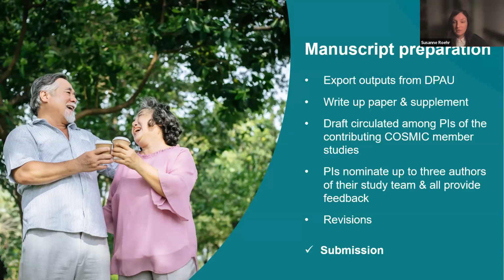So you go through an iteration phase, which ensures that your manuscript has good quality. It's sort of a pre-review process, but importantly, this inclusive process also ensures transparency, shared ownership, and the recognition of contributions. This is central to how COSMIC operates.